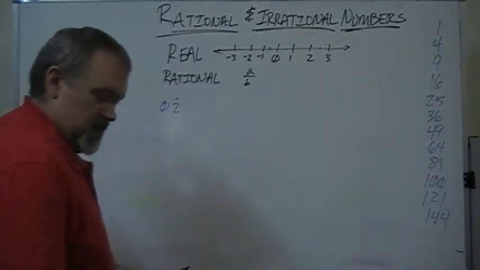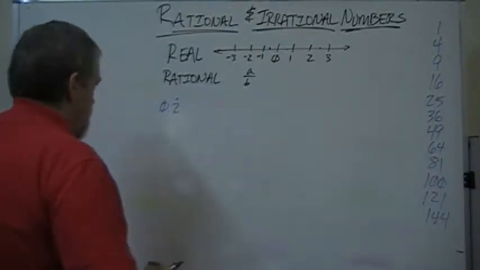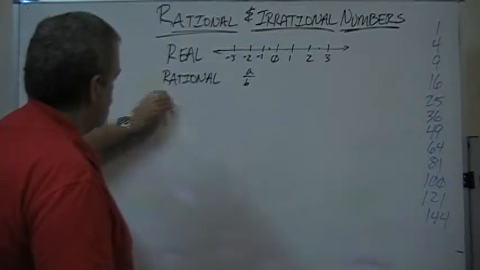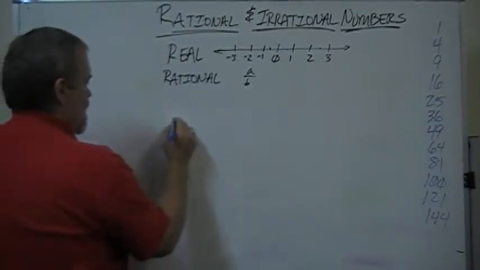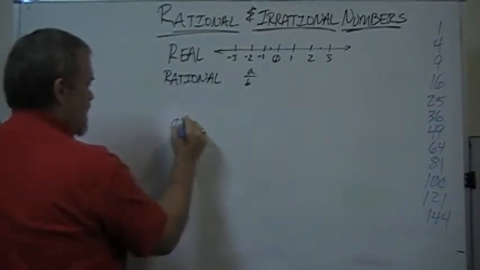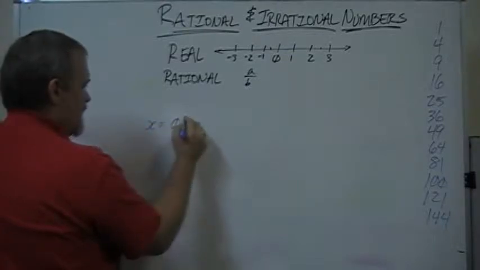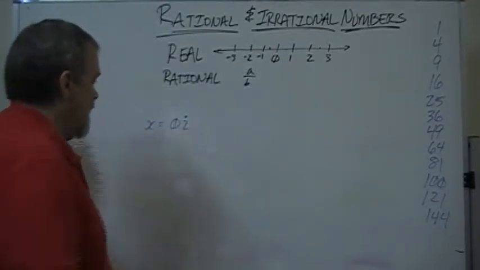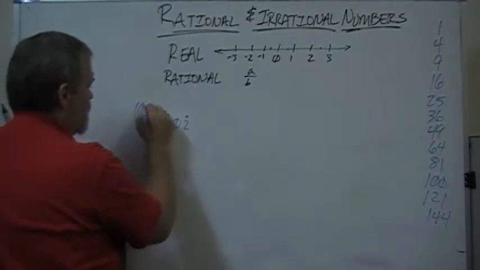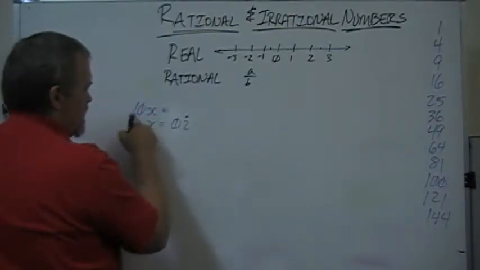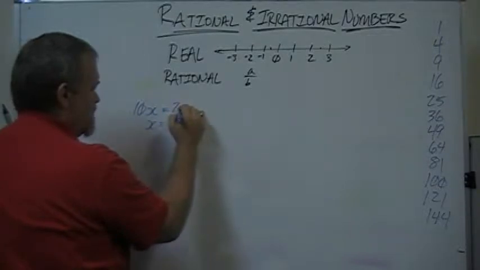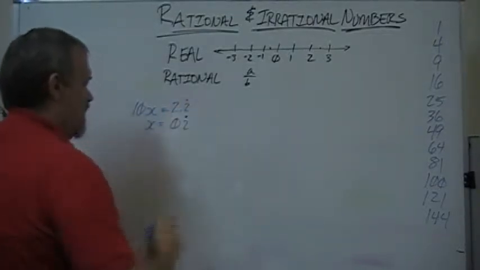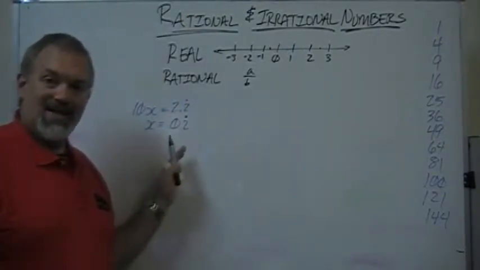I'm actually going to move this down just a little bit so it's easier to work with. 0.2 repeater, and we're going to say that's x. There's one repeating decimal, so we're going to multiply by 10, which gives me 2.2 repeater. In other words, I've just multiplied it by 10.